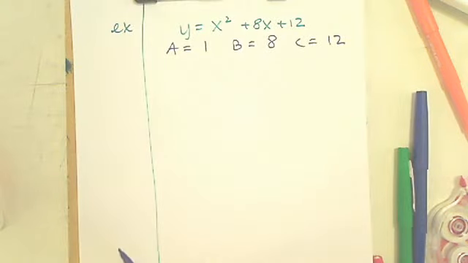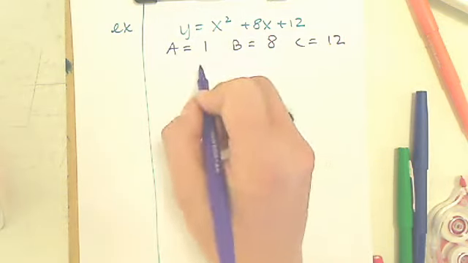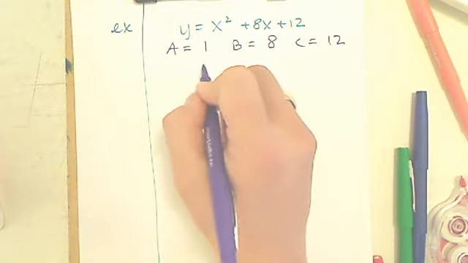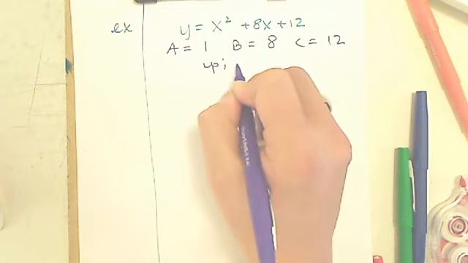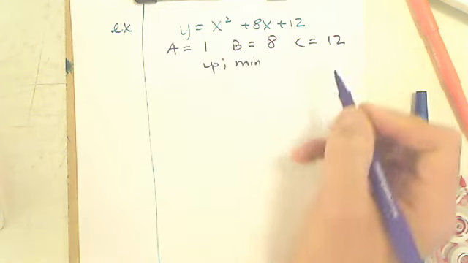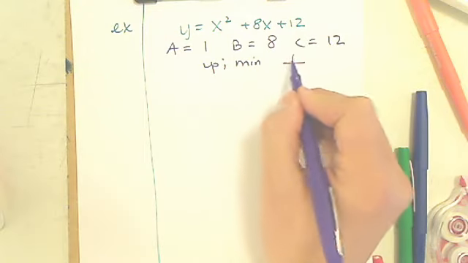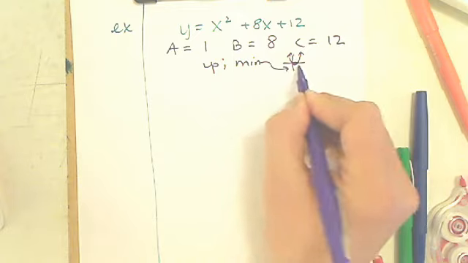A is 1, so does it open up or down, and does it have a min or max? Min. It opens up, so it has a min.